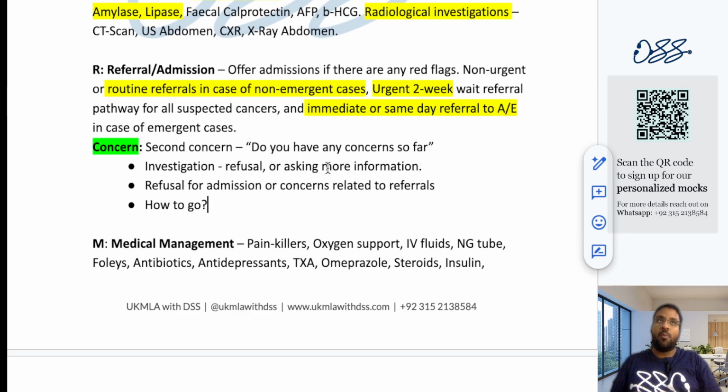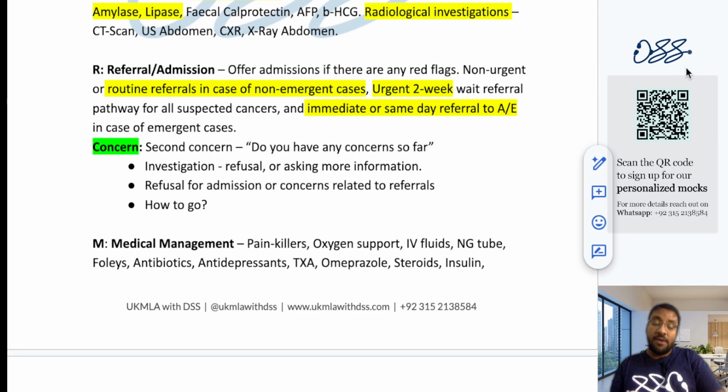Like, doctor, I don't want to get a CT scan done. Why don't you want to get a CT scan done? Then your follow up question needs to be there. Yeah, doctor, I heard that a CT scan has harmful radiation, and I don't want to be exposed to it. So now your priority would be to address his concern: that is completely true that a CT scan does have some harmful radiation, but the benefit of getting a CT scan done outweighs its risk in your case.